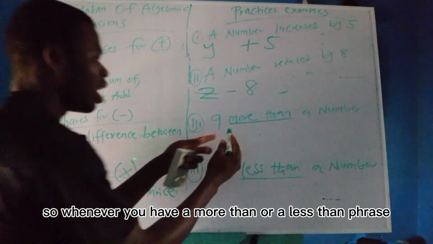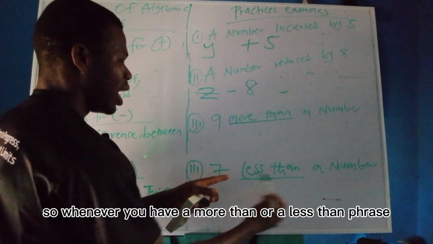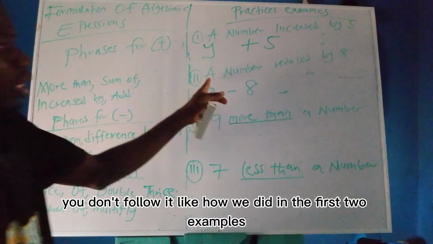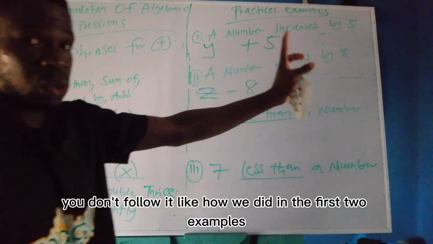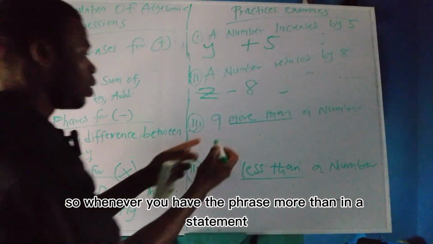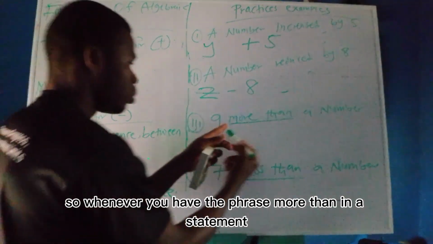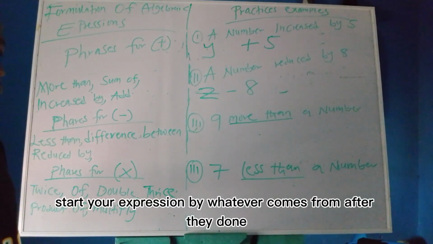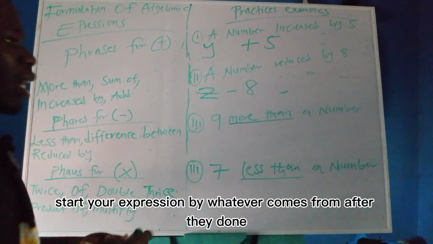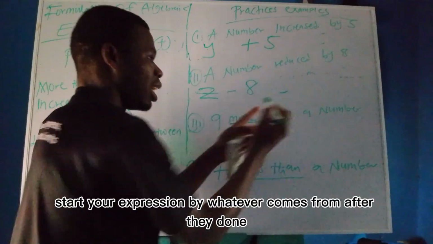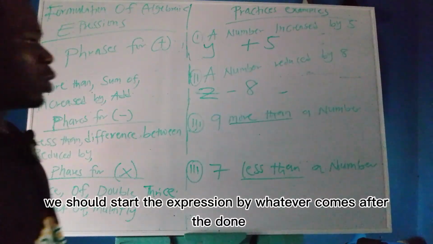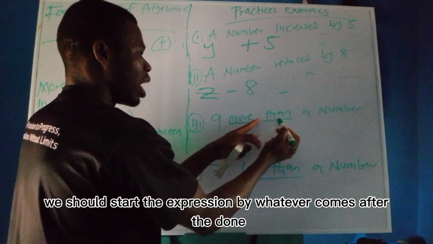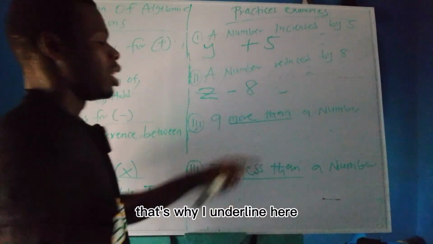So whenever you have a more than or a less than phrase, you don't follow it like how we did in the first two examples. Whenever you have the phrase more than in a statement, start your expression with whatever comes after the word than. That's why I underline it here.